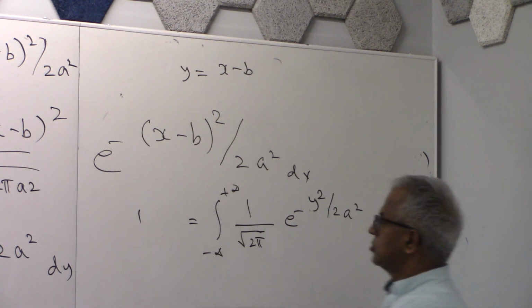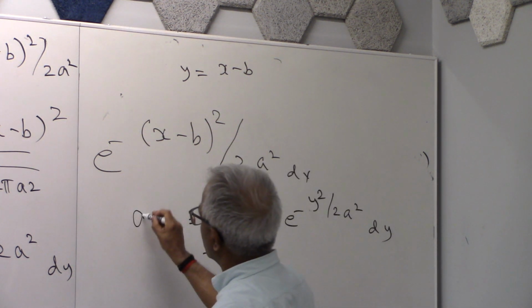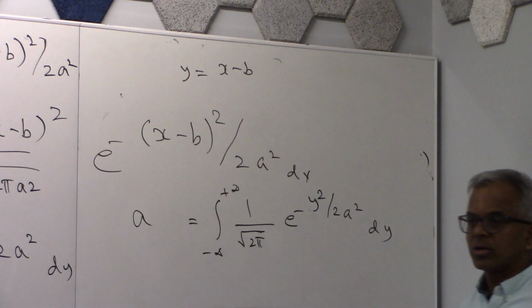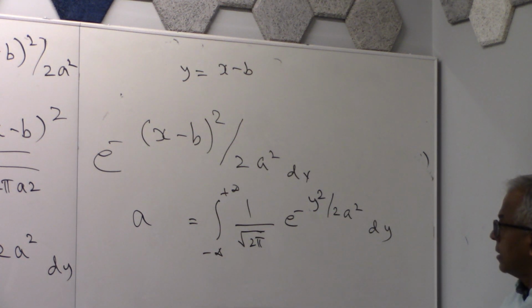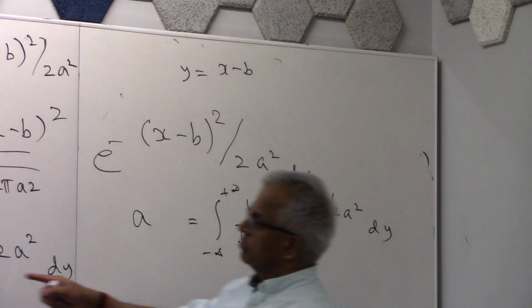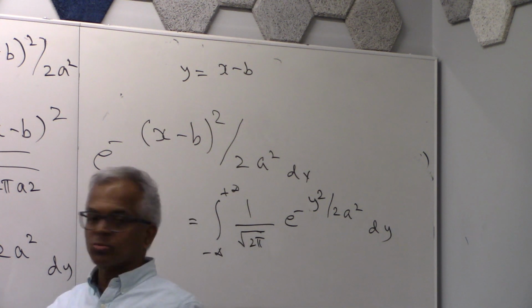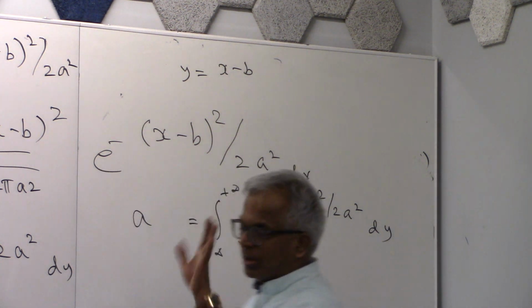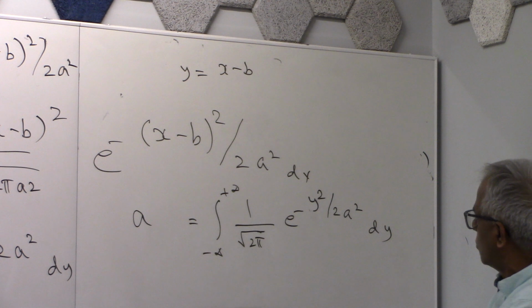So just to save space and time, I'm going to bring that a here. So this is true as an identity. Remember, the reason is I have a y squared here, so the question is how do you integrate it? There are multiple ways you can do it. I'm going to show you one way.